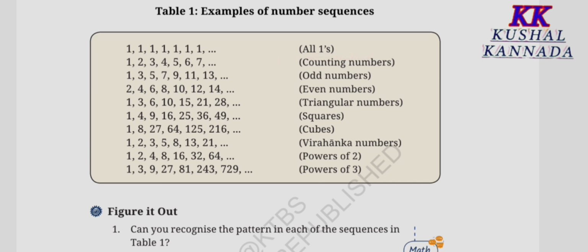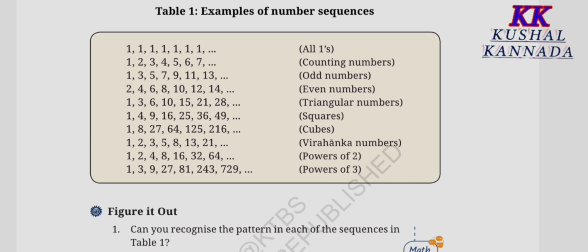Next, counting numbers: a sequence of consecutive counting numbers starting from 1, adding 1 to the previous term to get the next term. 1 plus 1 is equal to 2, 2 plus 1 is equal to 3, 3 plus 1 is equal to 4.